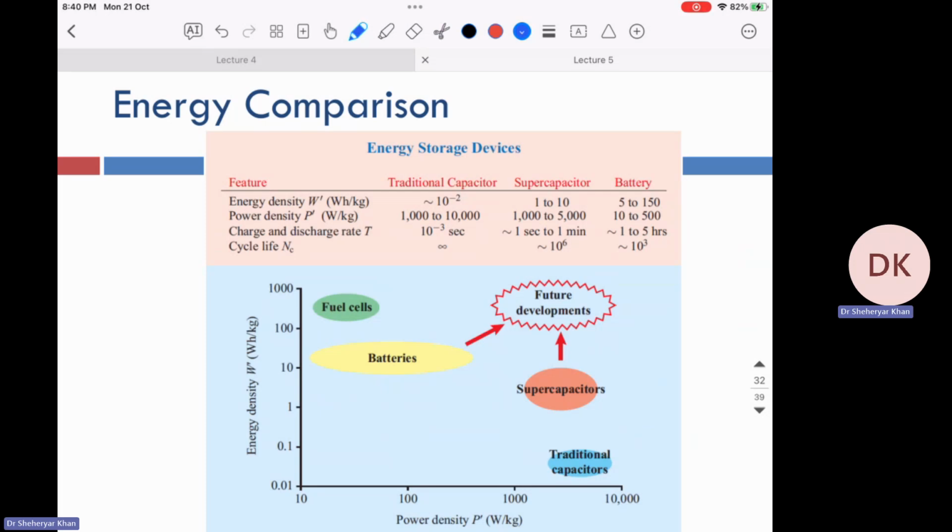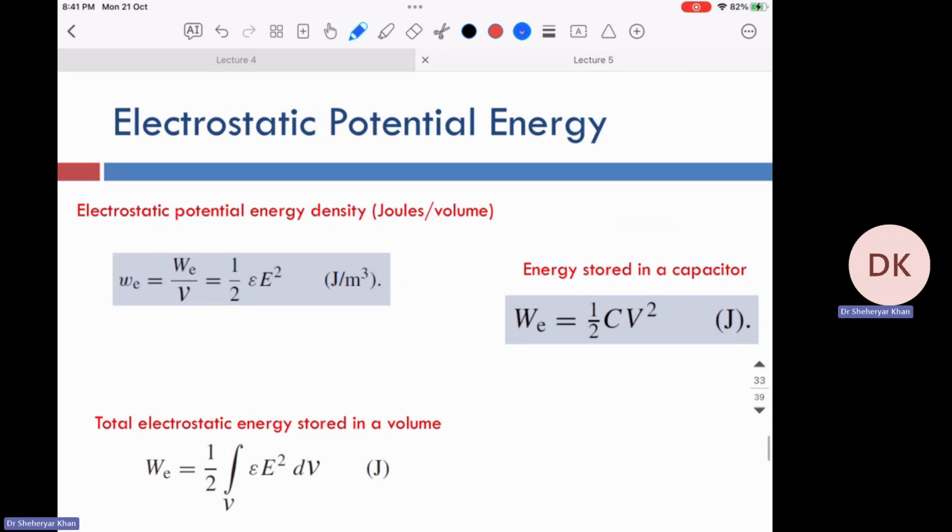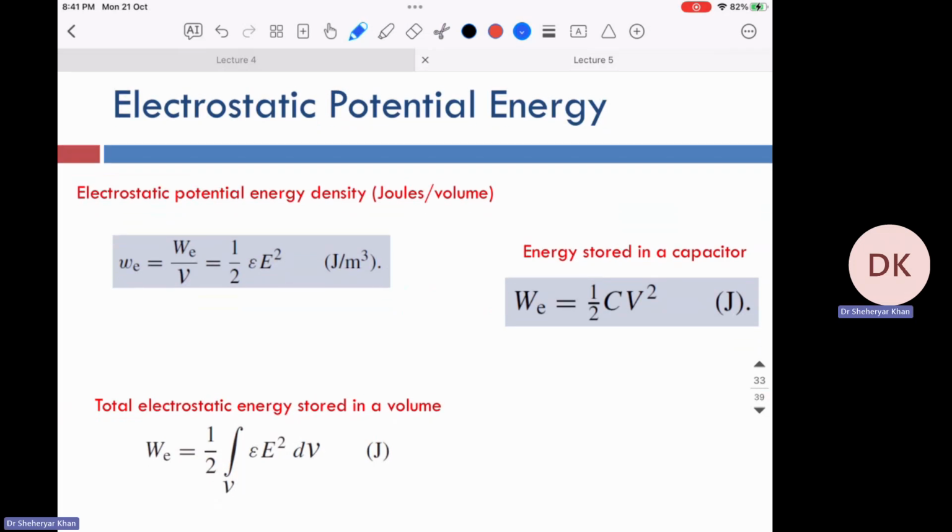So we need supercapacitors that have the properties of a capacitor in terms of power, and some properties of a battery in terms of energy. So the design comes with the hybrid construction of both modules. You can see that the energy of the capacitor is half CV squared.